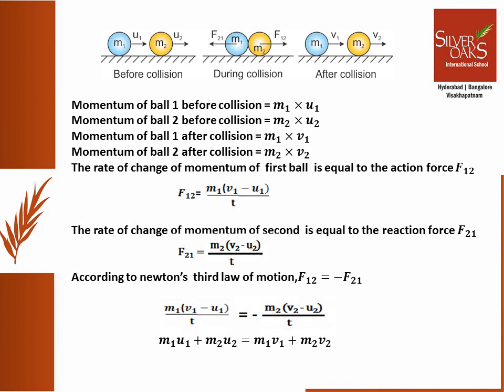If you bring u1 and u2 on the left side and v1 and v2 on the right, we get m1u1 plus m2u2 is equal to m1v1 plus m2v2. From this we can say that total momentum before and after collision is conserved unless an external force acts on the bodies.